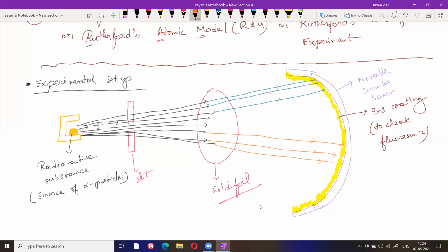Remember, without any deviation, most of the rays pass through a straight line and fall over the movable circular screen. Some of the rays deviated with an angle.